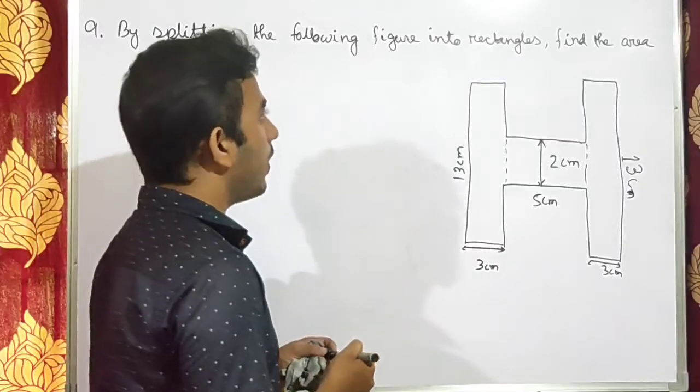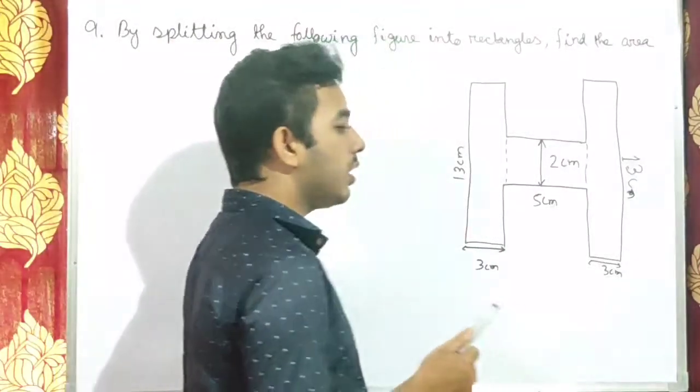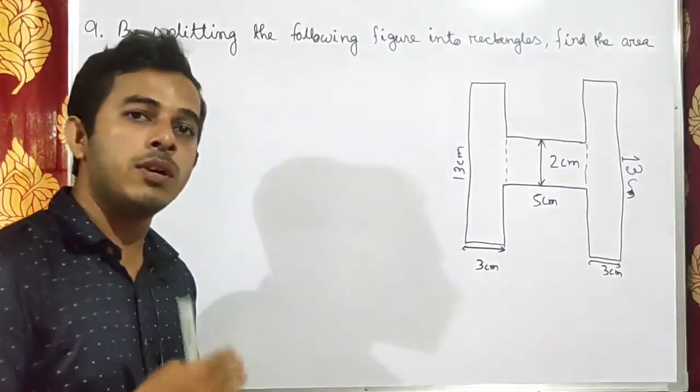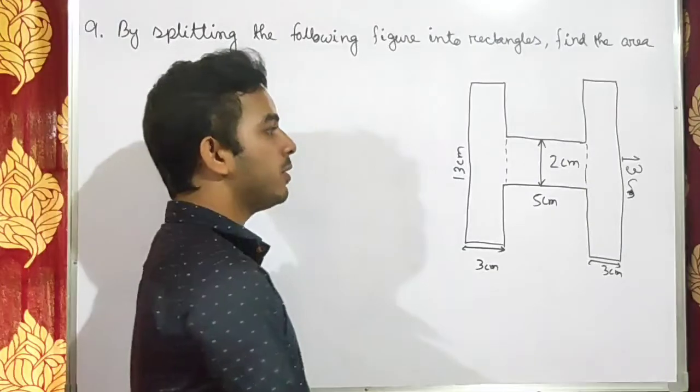Now we have to find its area. For finding the area of a rectangle, we have to know its length and its breadth. Clear? Now we have all the information from this figure.